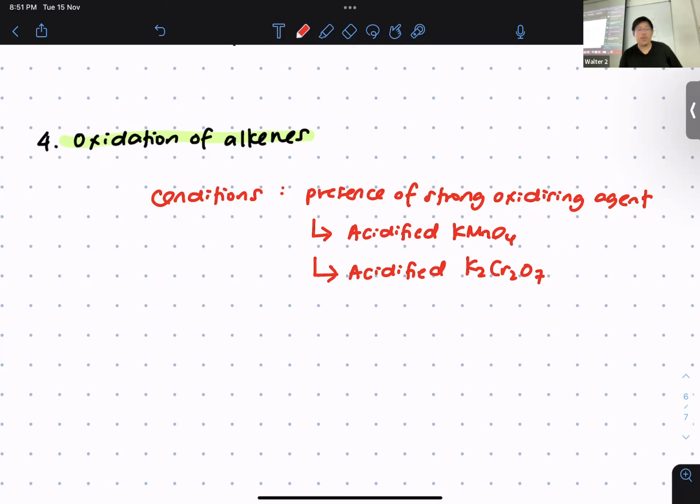So when you react them with alkenes, the alkenes will be able to form a diol.